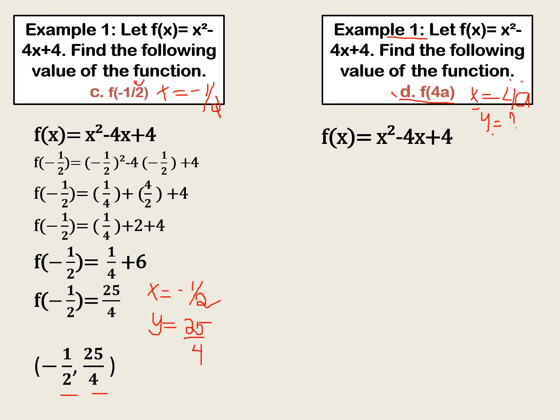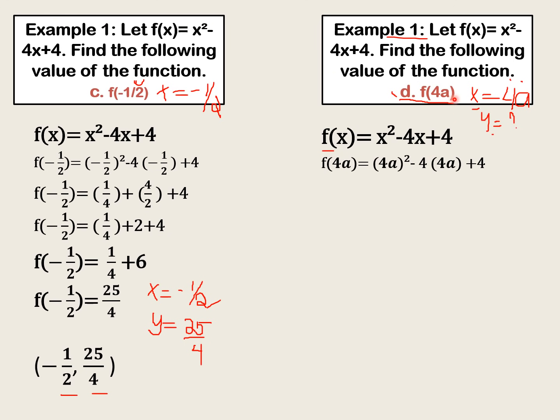So, first and foremost, of course, we have to copy once again the given function, which is f of x equals x squared minus 4x plus 4. Okay? After nyo makopy yan, yung next na gagawin ninyo is to substitute the value of x.